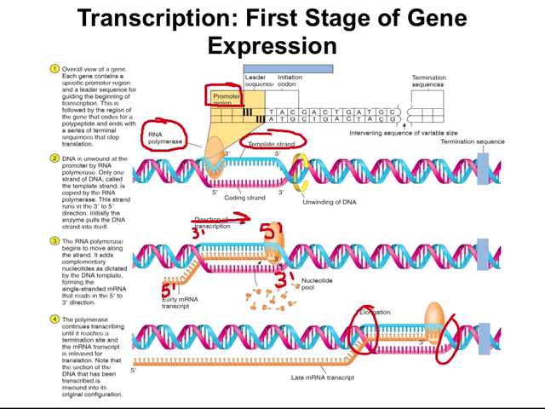It will keep transcribing the DNA into messenger RNA until it reaches a termination site. Once it reaches a termination site, the messenger RNA transcript is released and it's now available for translation. So hopefully this all makes sense, but let's take a quick look at an animation to make sure we have a good understanding of the process.